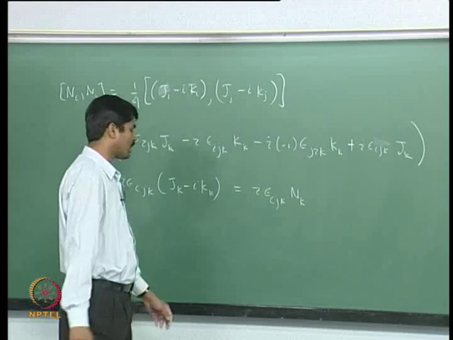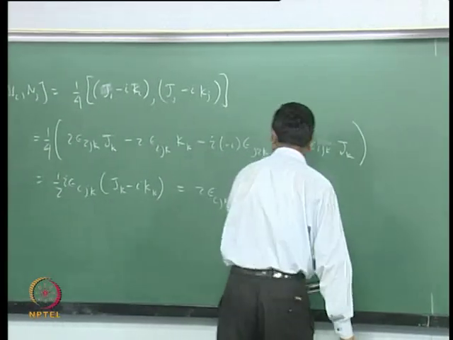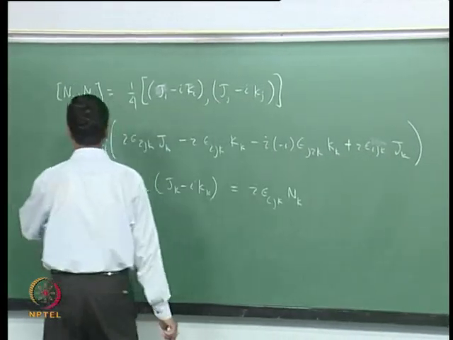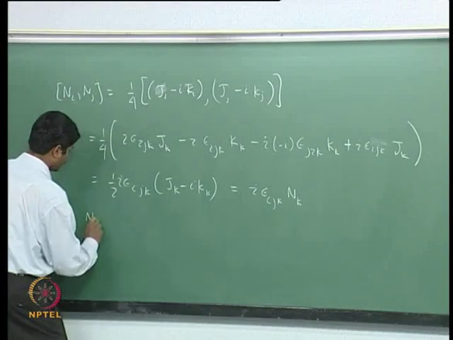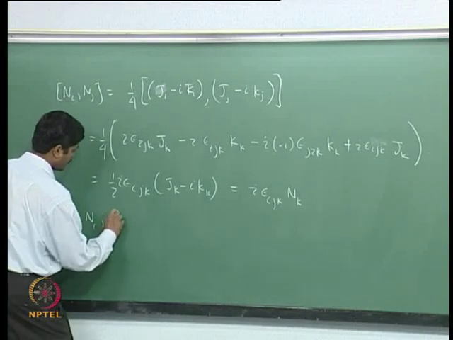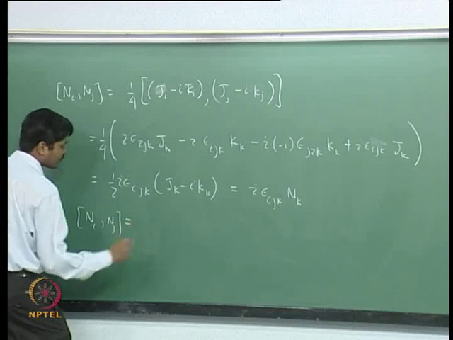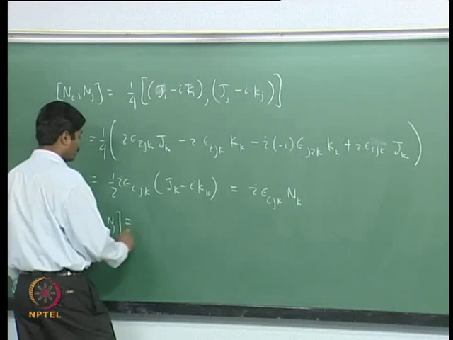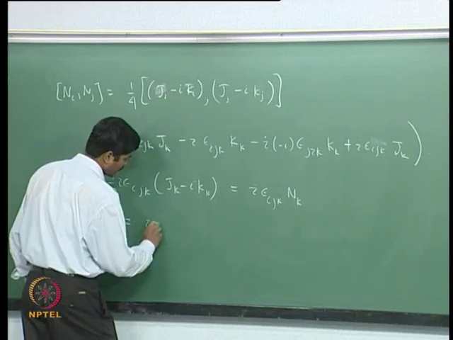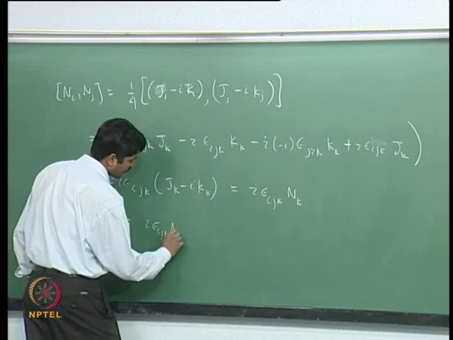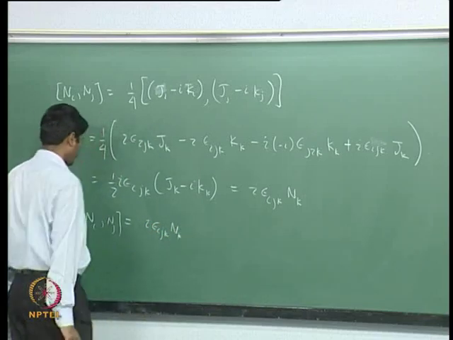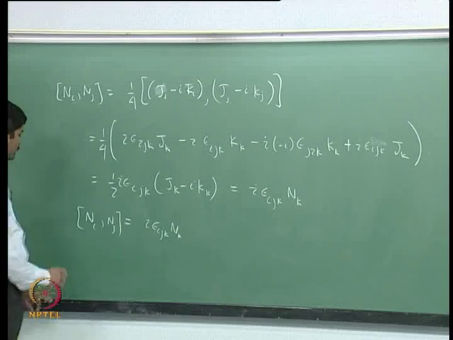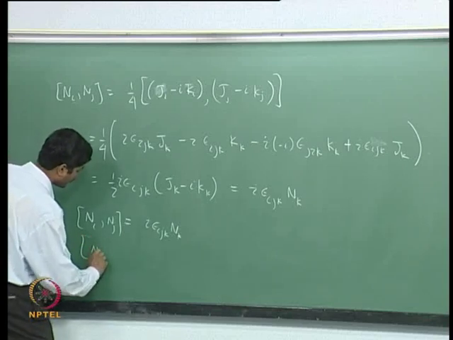So what we saw is that the commutator of Ni and Nj just gives you the SU(2) Lie algebra, i epsilon ijk Nk. You can check this for the Ni daggers also.